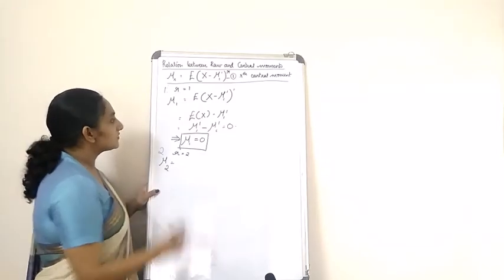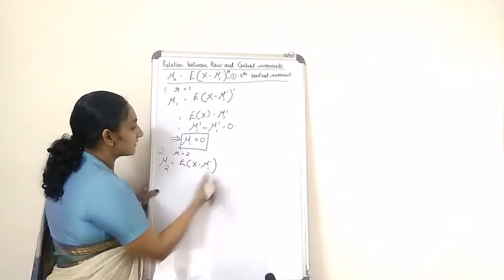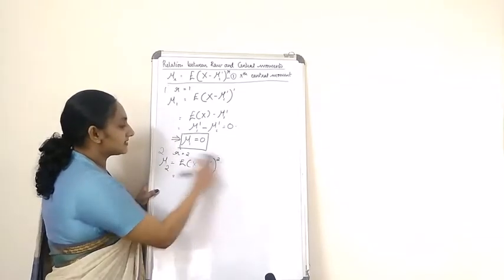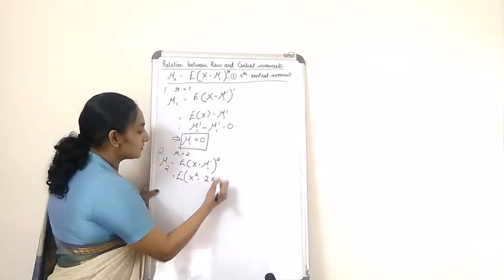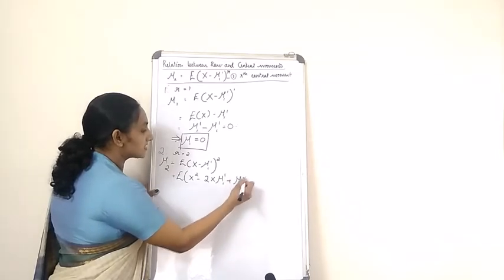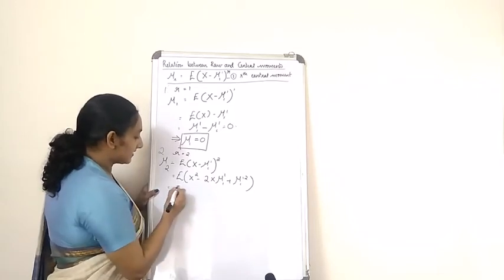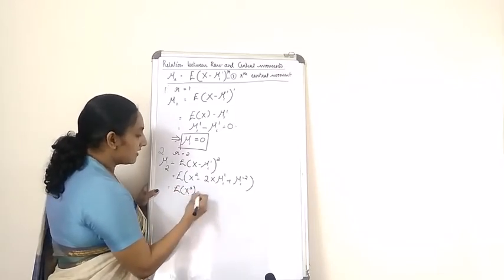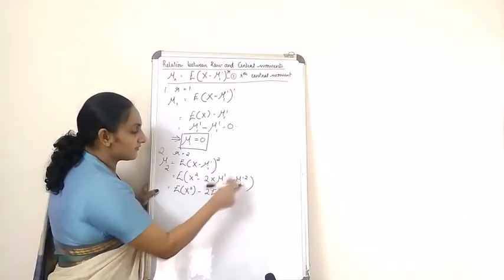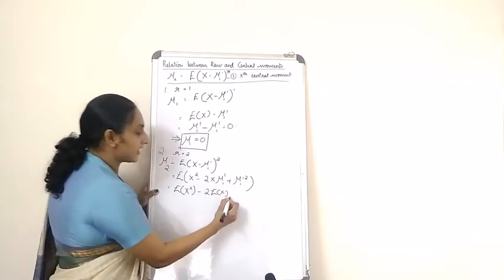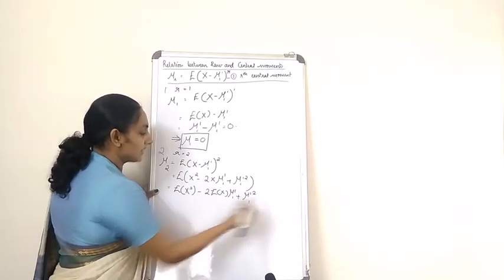So mu2 is the expectation of (x minus mu1 dash) the whole squared. Expanding this term, I get x square minus 2x mu1 dash plus mu1 dash square. Now I take the expectation inside: the expectation of x square minus 2 mu1 dash times the expectation of x, plus mu1 dash square, since the expectation of mu1 dash is mu1 dash itself.